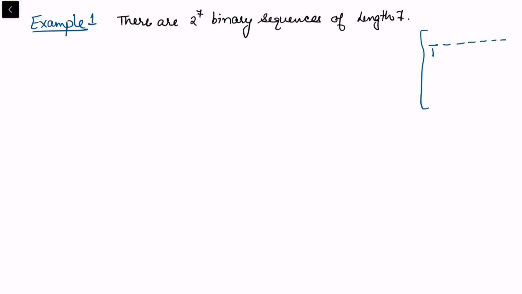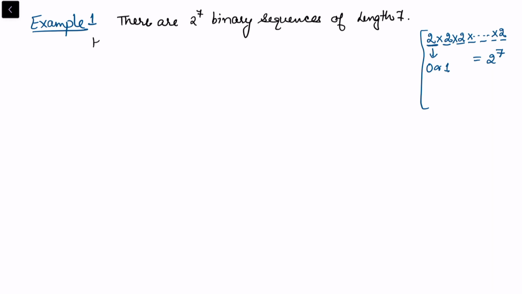Since we are talking about binary sequences, the possibility is either 0 or 1, so there are two choices. There are two ways for the first place. Similarly, because in a binary sequence any digit can repeat, again there are two choices in the second position, two choices in the third one, and we continue, there are two choices for the last also. So we know that there are 2 to the power 7 binary sequences of length 7.